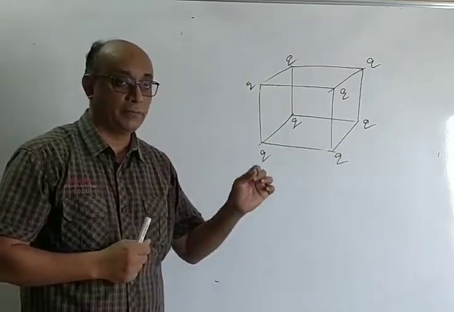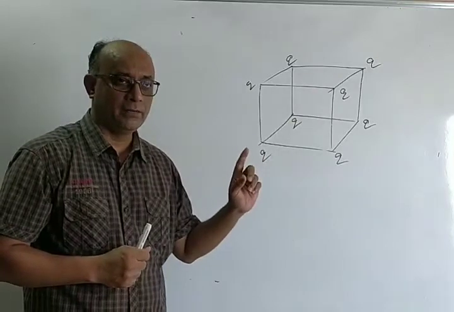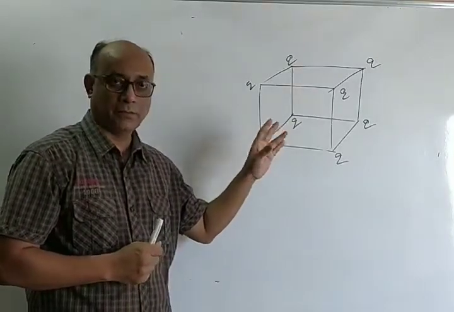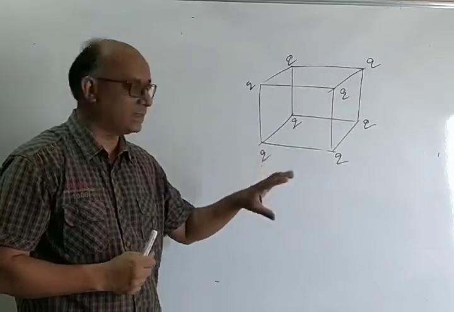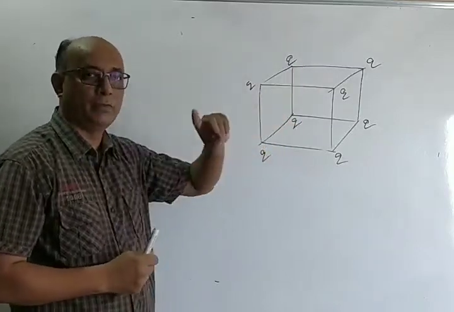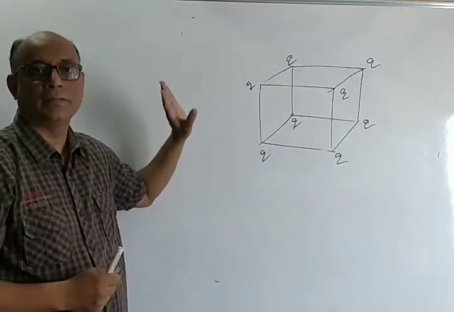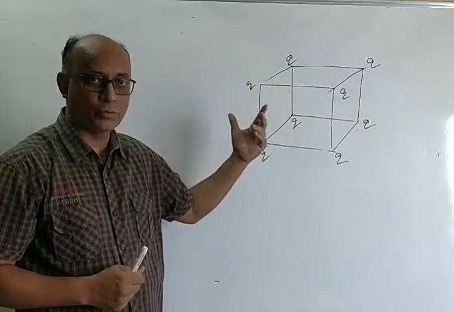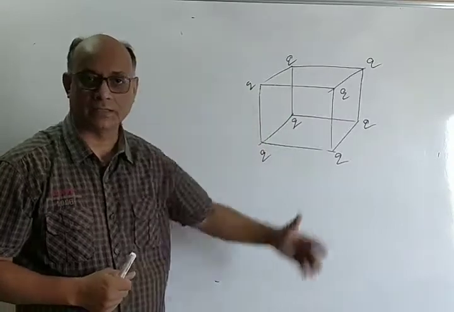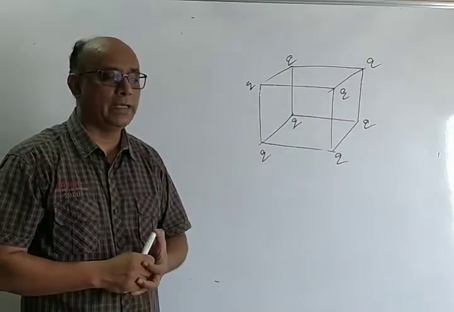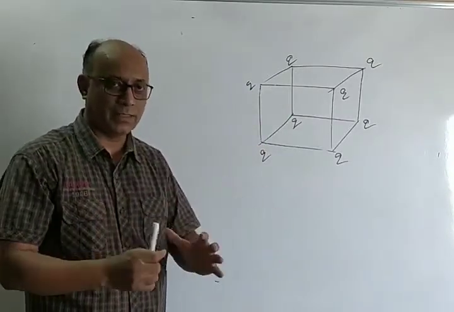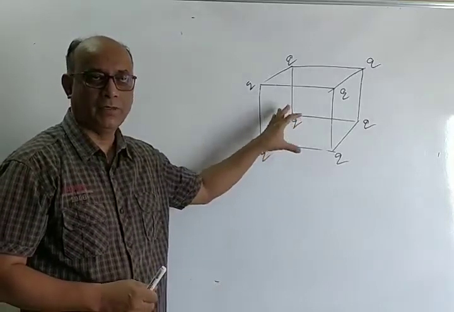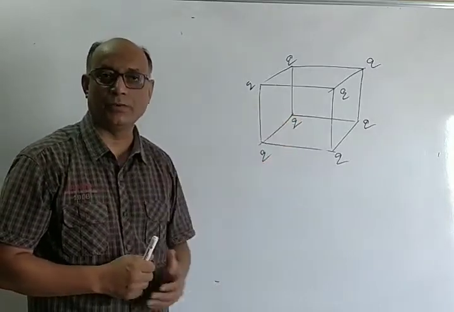In the first case, since there is no electric field, no work is done. But when you bring the second charge, third charge, and so on, you will have to do work due to the presence of other charges. So ultimately, the total amount of work done in assembling this situation will be the potential energy of this cube.